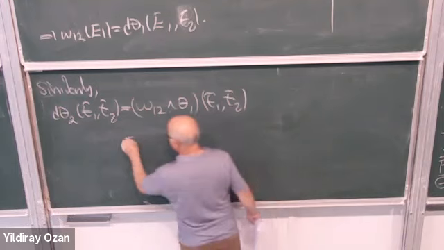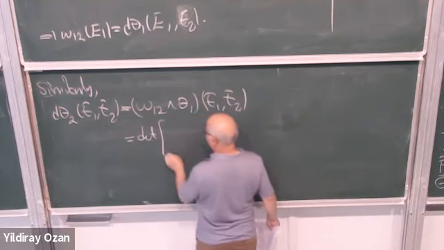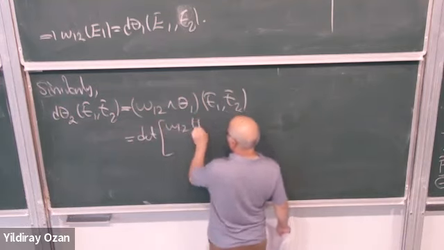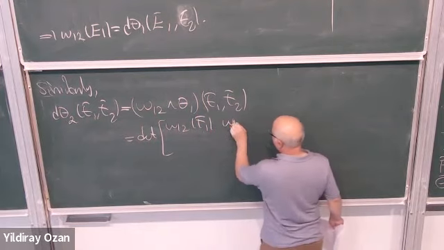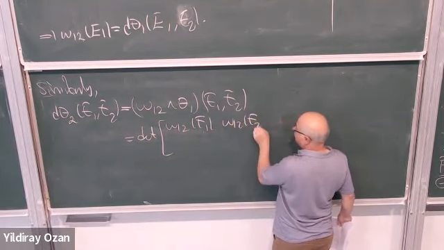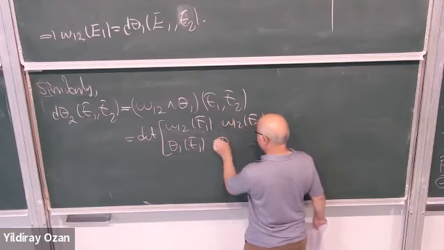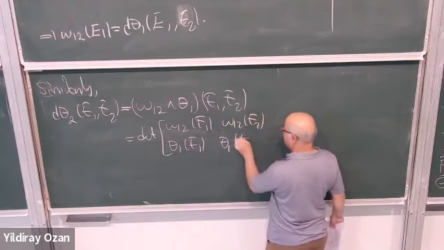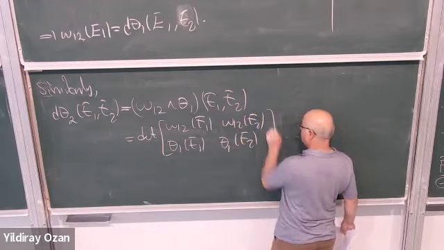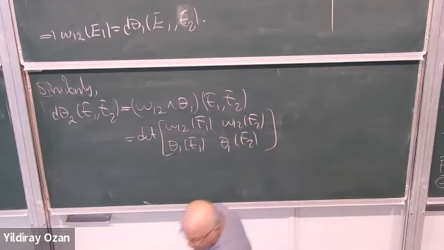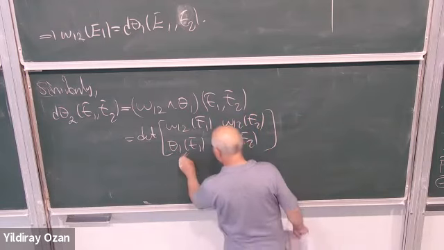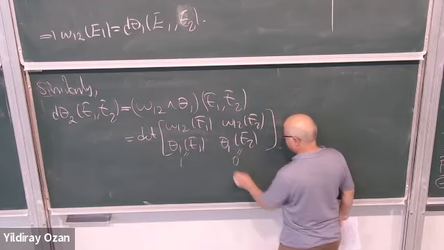So this is just the determinant of W21 of E1, W21 of E2, θ1 of E1 and θ1 of E2. This time, this entry is 1 and this is 0.